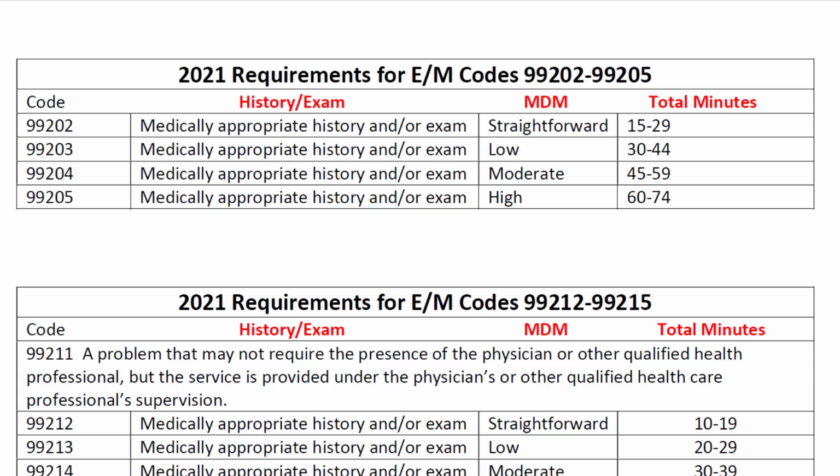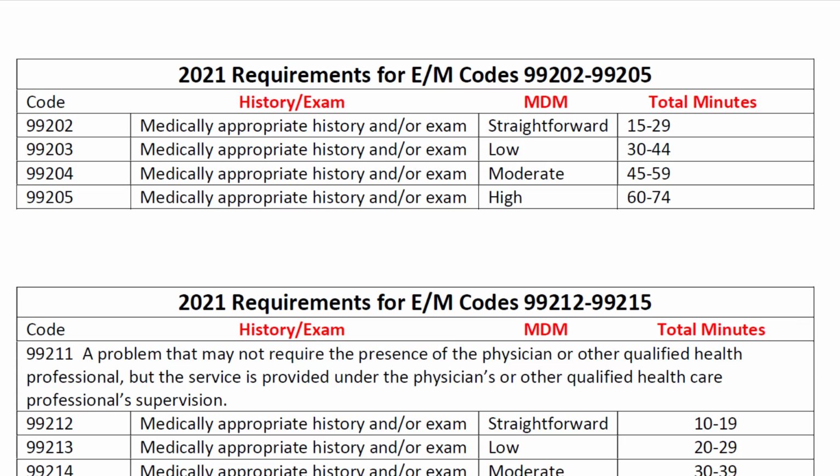It's defined as a problem that may not require the presence of the physician or other qualified health professional, but the service is provided under the physician's or other qualified health professional's supervision. So in the medical office, this would be non-doctor staff, maybe a medical assistant, doing vital signs for a patient. The doctor's not doing it. This is usually not done in a chiropractic office.